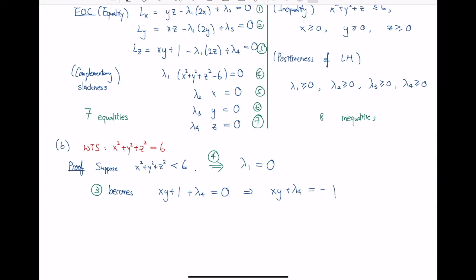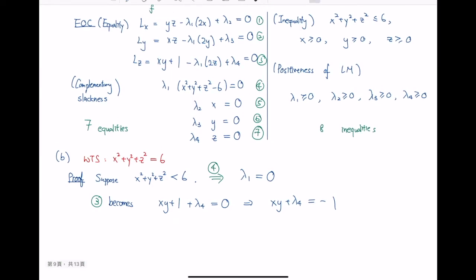Is that possible? Think about that. Look at my inequality constraints. The inequality constraints tell me that x, y, and lambda 4 are all positive. So the left-hand side should be positive. So in particular, it's impossible for the left-hand side to be equal to minus 1.